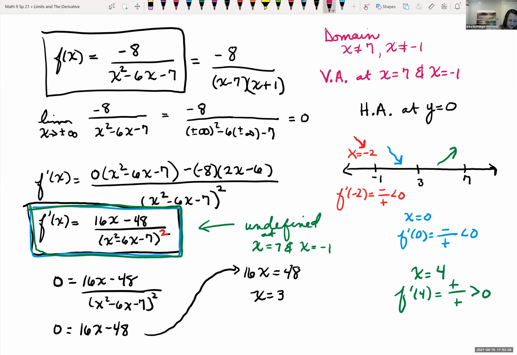Now choose something bigger than 7. So how about x equals 8? Same thing is going to happen when we plug in 8 into here. 16 times 8 is going to be bigger than negative 48. So we're going to get a positive number in the numerator, positive number in the denominator. This is greater than 0, so it's increasing.